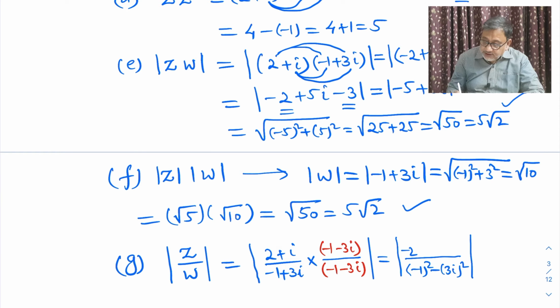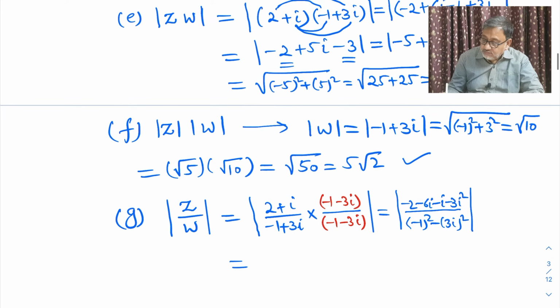Then 2 multiplied with minus 3i will be minus 6i. Then i multiplied with minus 1 will be minus i. And the last one, i multiplied with minus 3i will be minus 3i square.